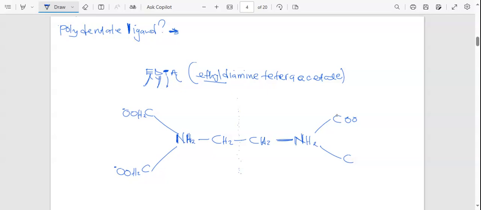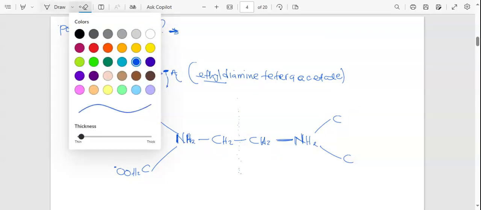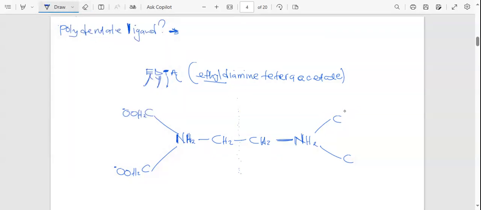So O, O. But let me put some hydrogens there, and also here some hydrogens. Then I'll bring these oxygens which are there.